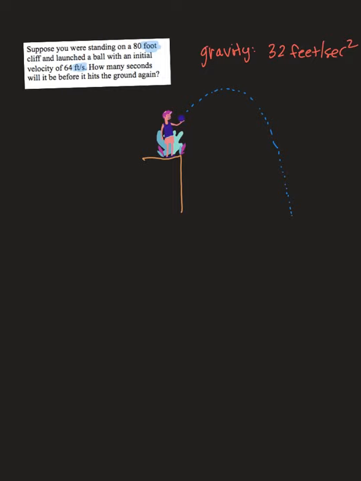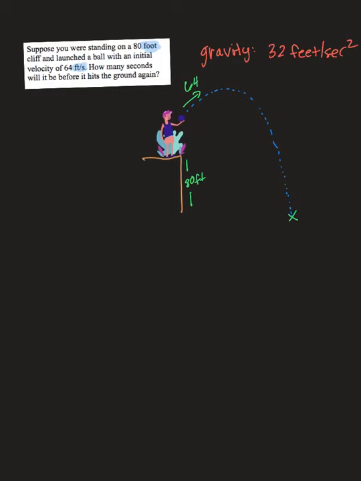Okay, so as you guys can see in the picture here below, we can start labeling a few things. You're standing on an 80-foot cliff, so we know that this right here is 80 feet. And then initial velocity, so this right here has a velocity of 64. Okay, and we want to know how many seconds it will be before it hits the ground again.